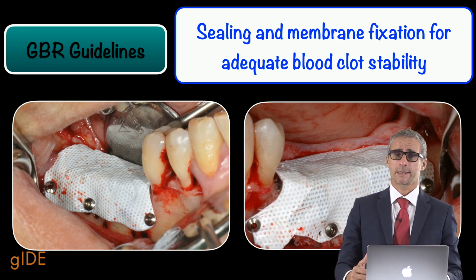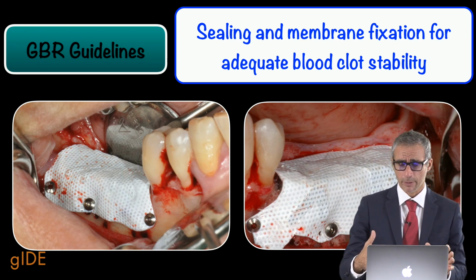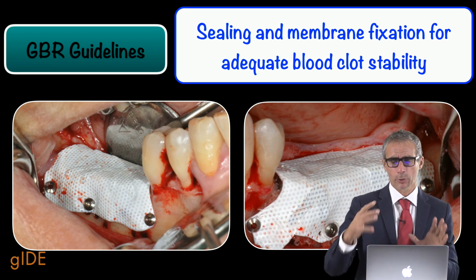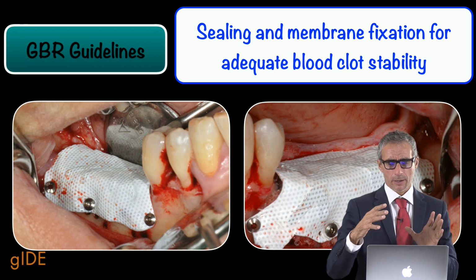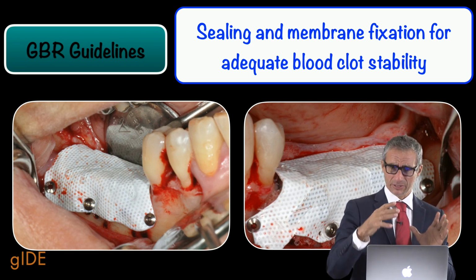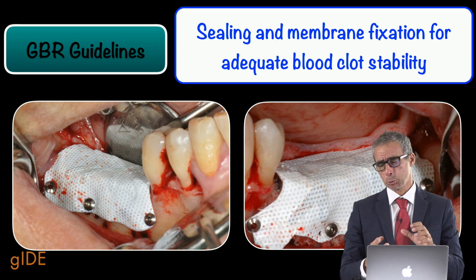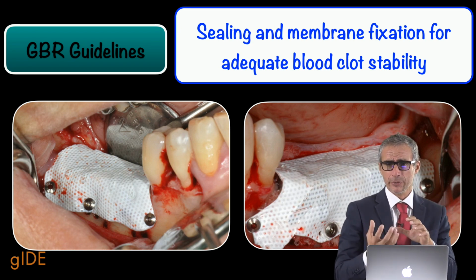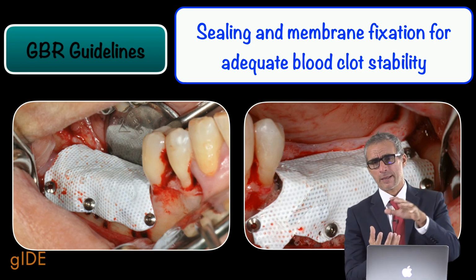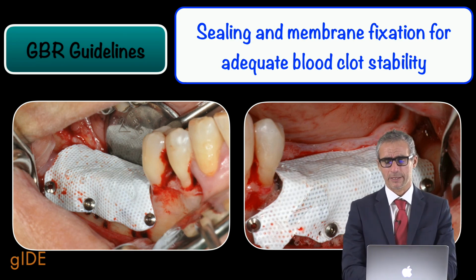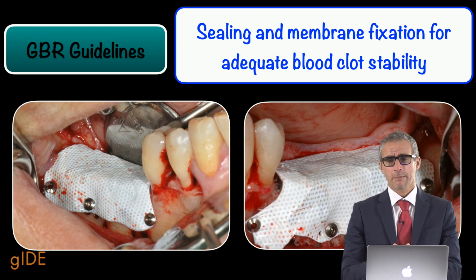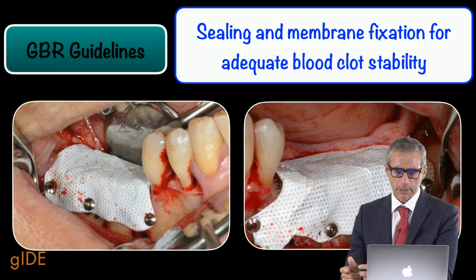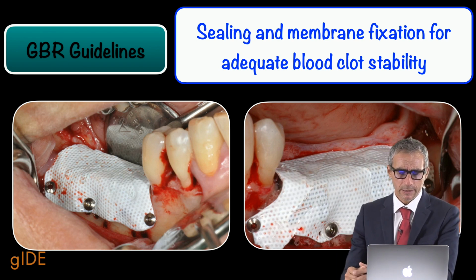It's very important that the fixing of the membrane stabilizes perfectly the barrier on top of the material, in order to create a perfect contact between the material below the membrane and the membrane on top of the material. And the stabilization of the membrane can be done with some different systems.